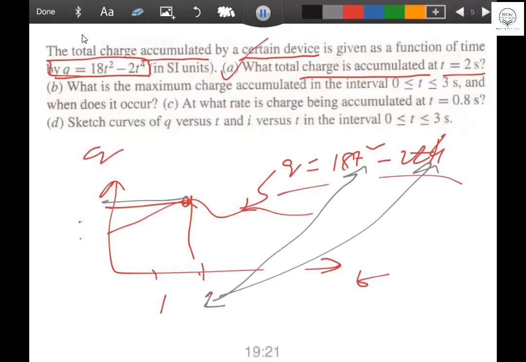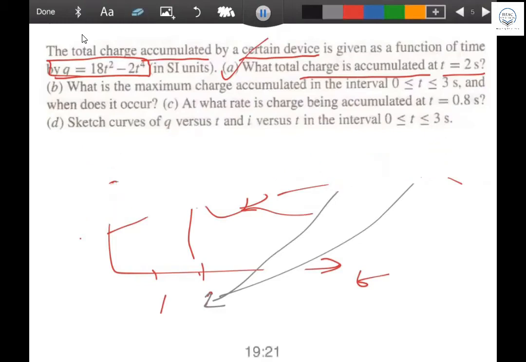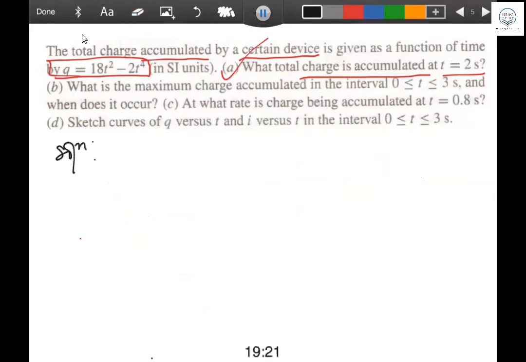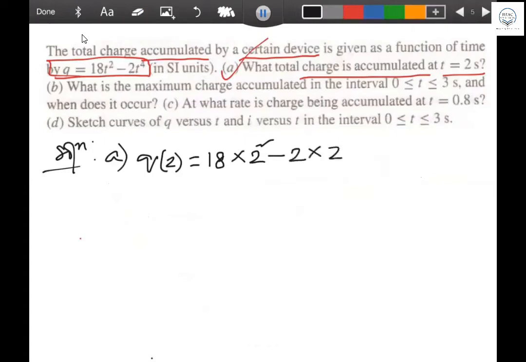So we can do it straight away from the equation, and I think most of you have done it already. Coulomb. Yes, solution we are going to do. Oh, you've done it already. Good. Q for 2 seconds: you write the equation 18 into 2 square minus 2 into 2 to the power 4.